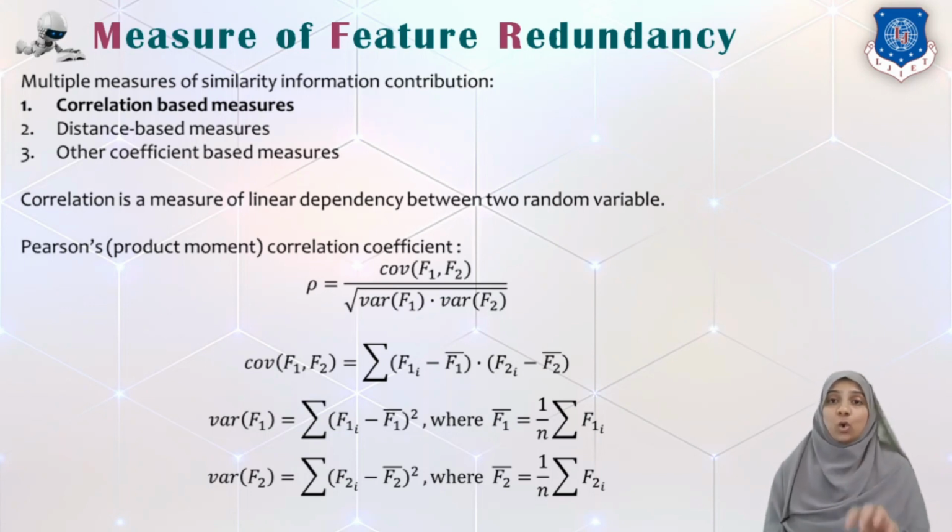This will give me covariance between feature 1 and feature 2. I would call it covariance f1, f2.